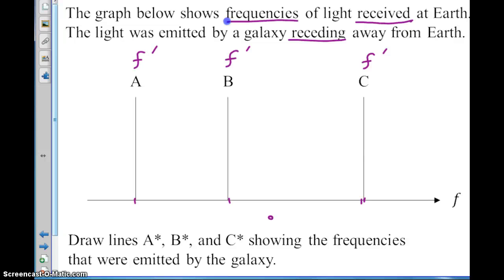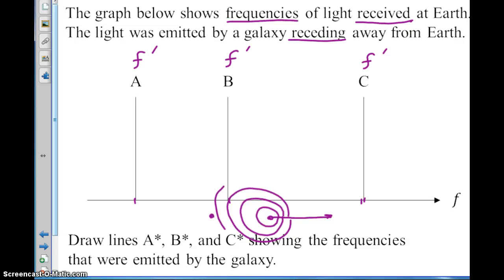The galaxy is receding away, so we'll draw that like this. The Earth is on the left, the galaxy is on the right, and the galaxy is the one moving. Because the galaxy moves to the right, the wavefronts are compressed on the right side of the galaxy, and they're expanded on the left side of the galaxy. Now, as we sit here on Earth, those wavefronts move out and they strike us.